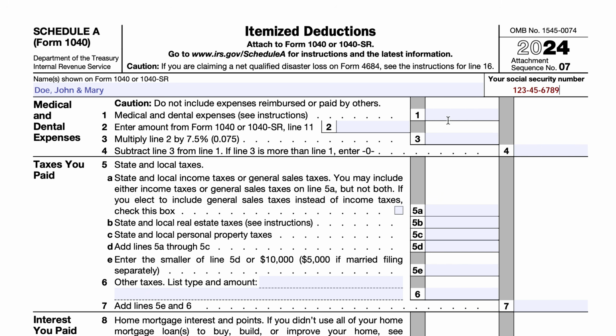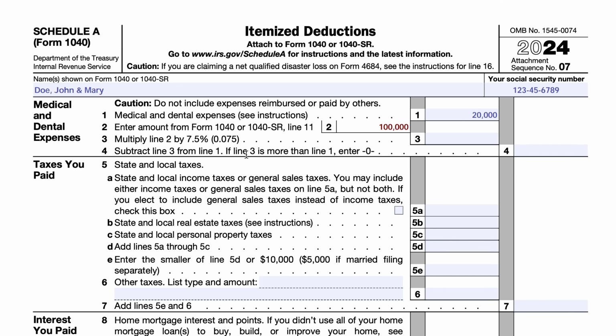So let's just say that John and Mary Doe had $20,000 of expenses. And let's say that their line 11 amount on their Form 1040, this is the adjusted gross income, was $100,000.